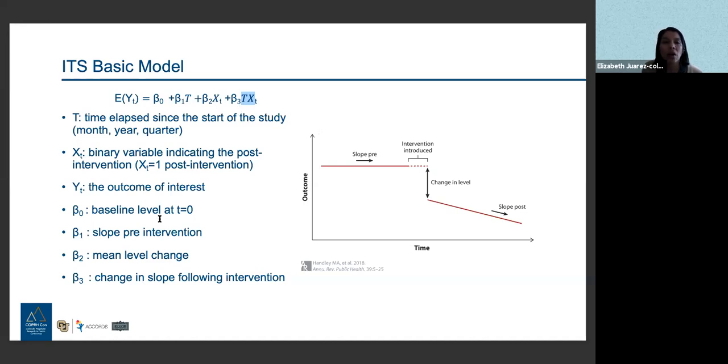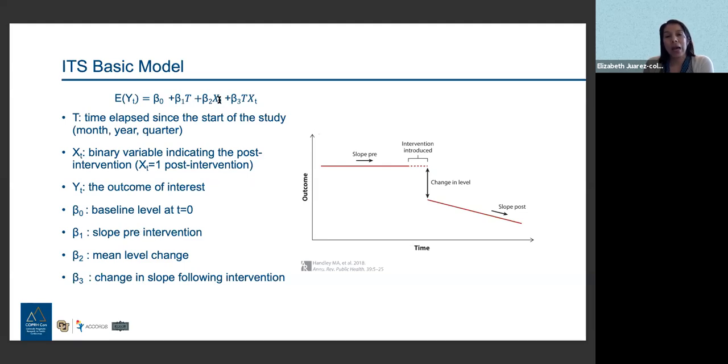So if we think about the trend in the pre-intervention period, these two terms disappear. Then we have this simple linear regression model in which beta naught is the baseline level at time 0, and beta 1 is the slope, or the rate of change with respect to time. So that's what we're saying here in the pre-intervention period.